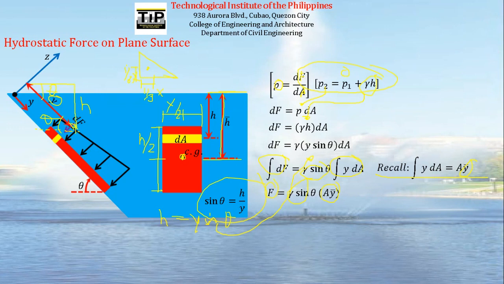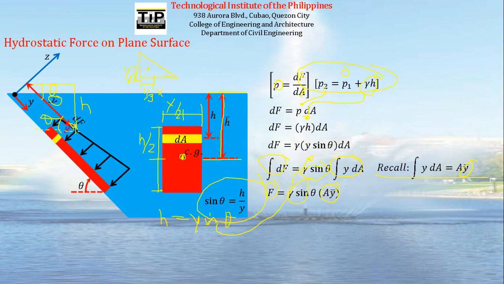It's important that we remember this. These are the basics. No? We learned from statics of rigid bodies. These are the two common shapes, rectangle and triangle. And these are their centroid, the center of gravity.